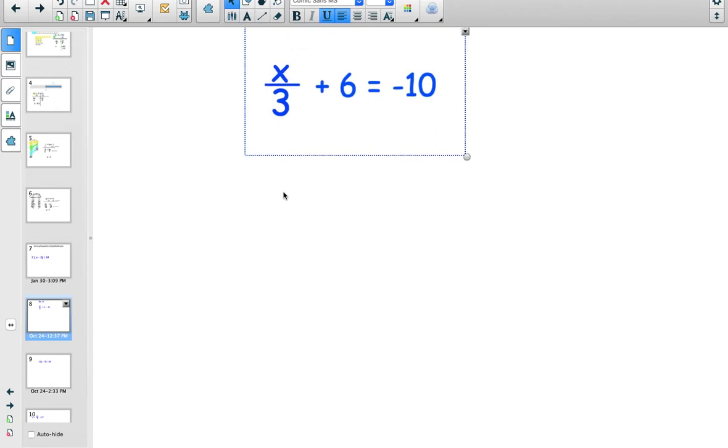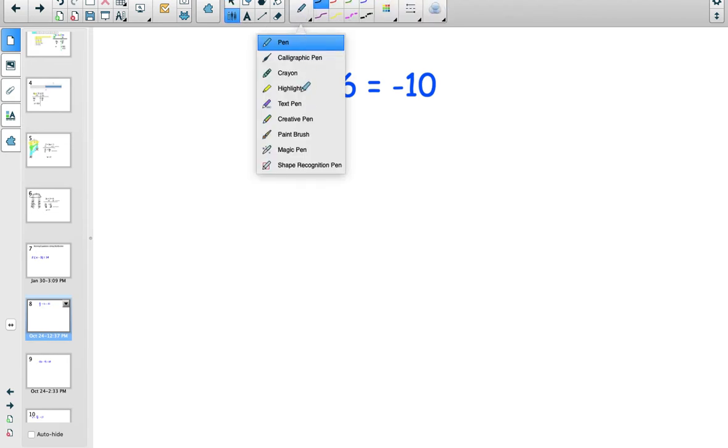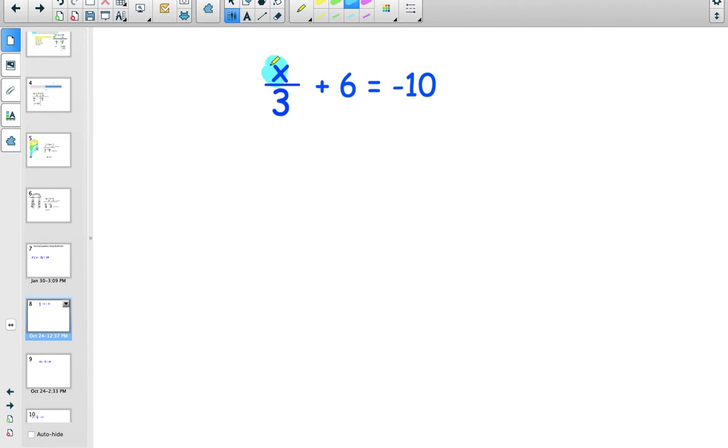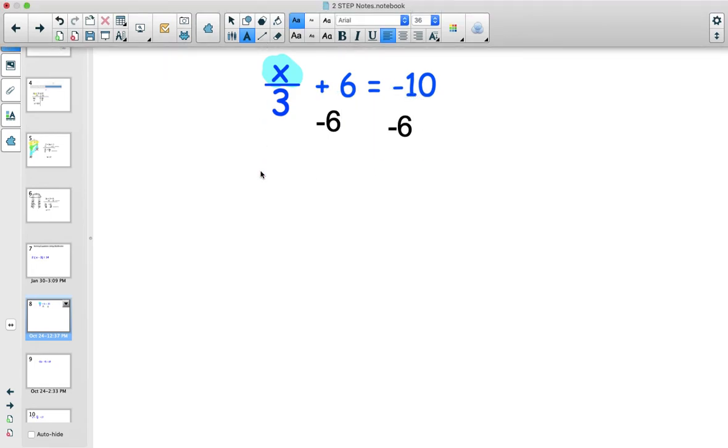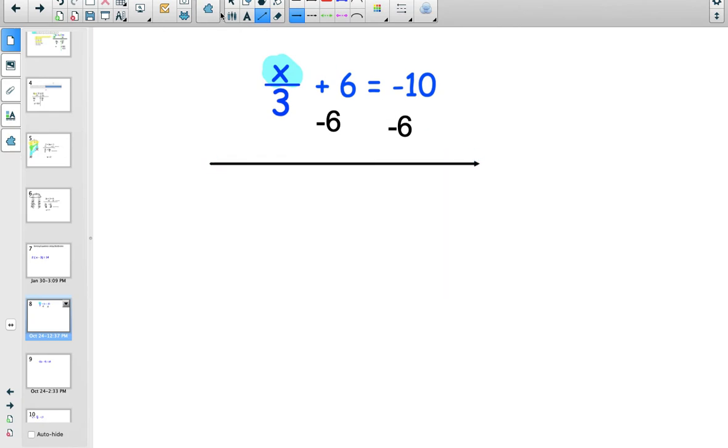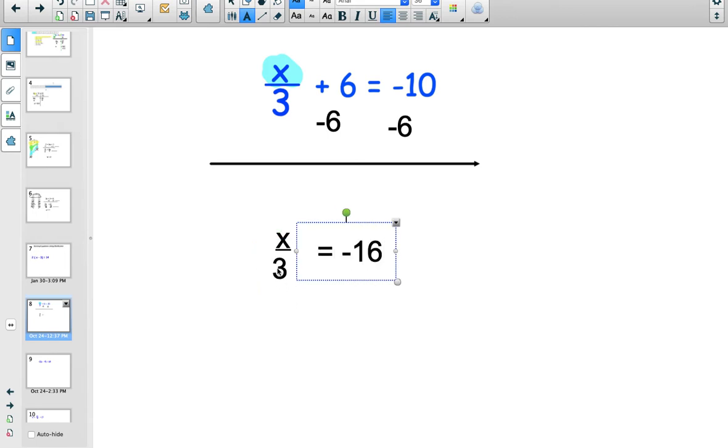All right, so we have x over 3 plus 6 equals negative 10. So where's my variable at? Well, my variable is right here. I've got to get x by itself. So I'm going to do the opposite of plus 6. So I'm going to minus 6 on both sides, and I end up with x over 3 equals negative 16.